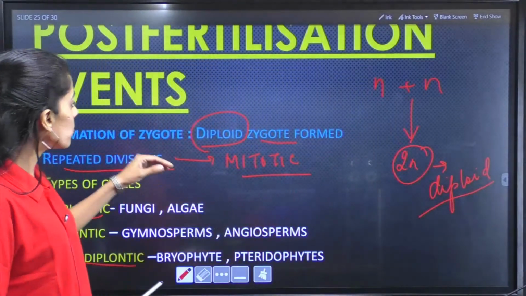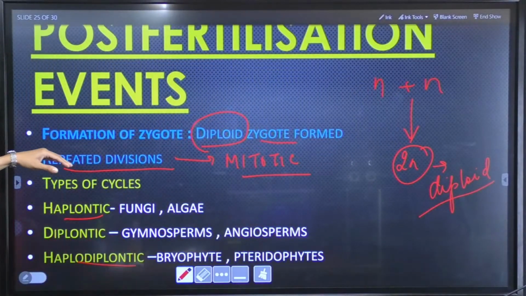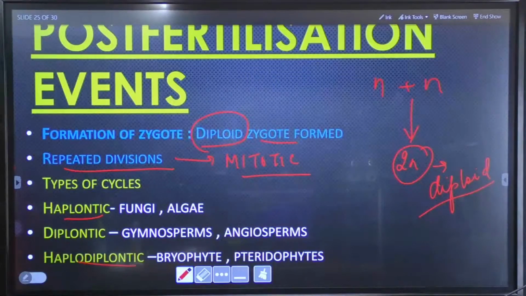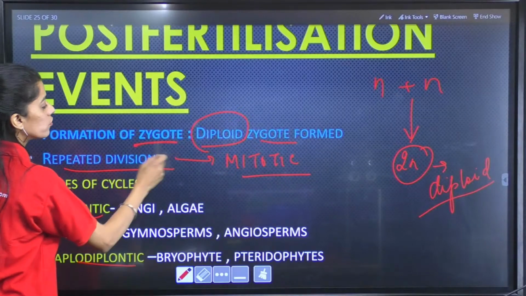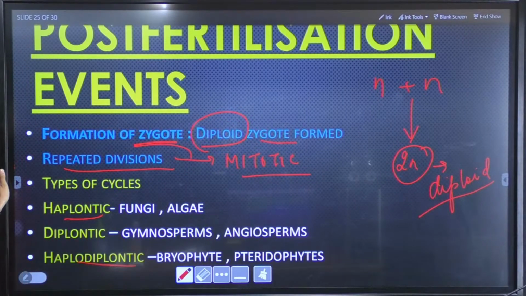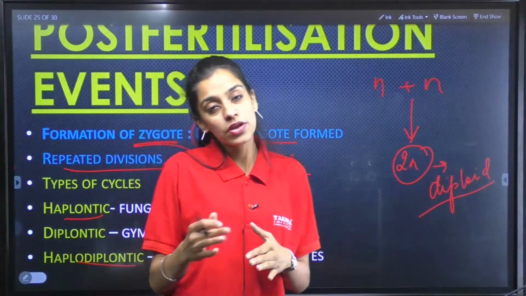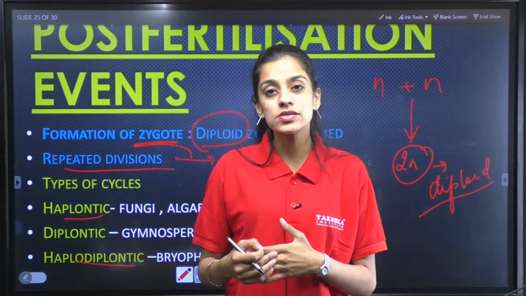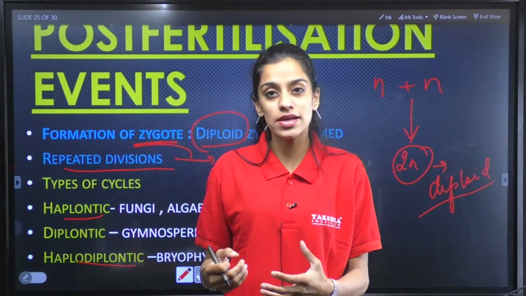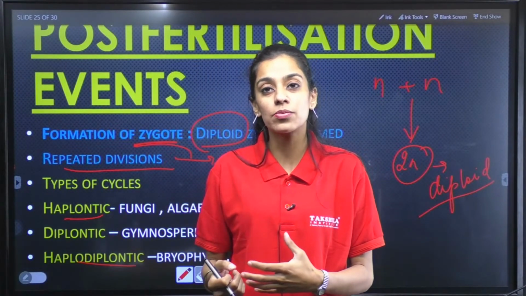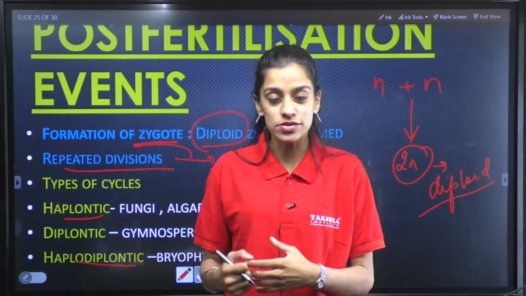So depending upon what occurs one after the other, that is the process of formation of the diploid zygote, which is a single cell. Every organism's life stands on a single cell, which is a zygote.